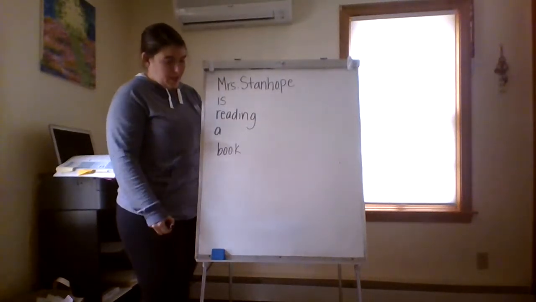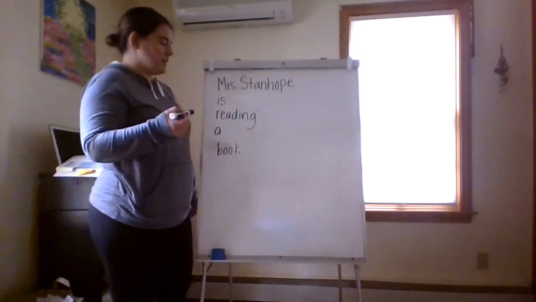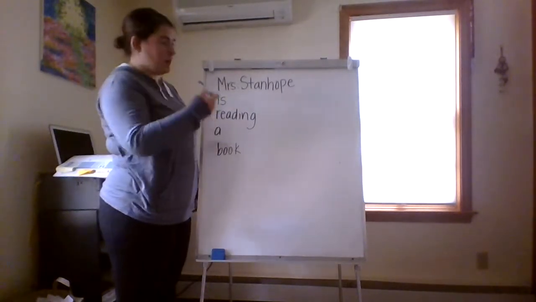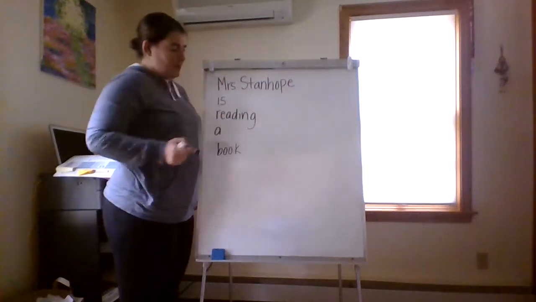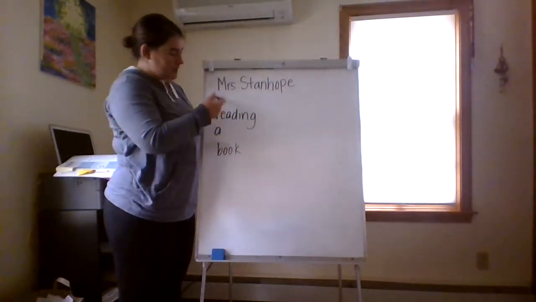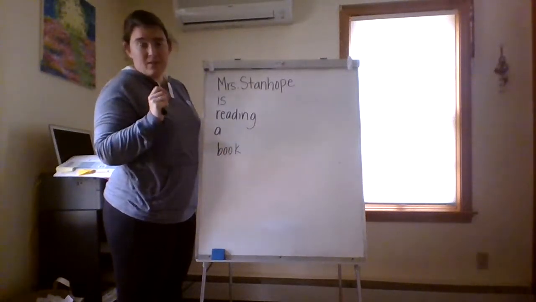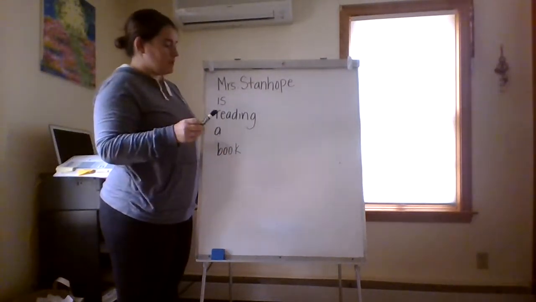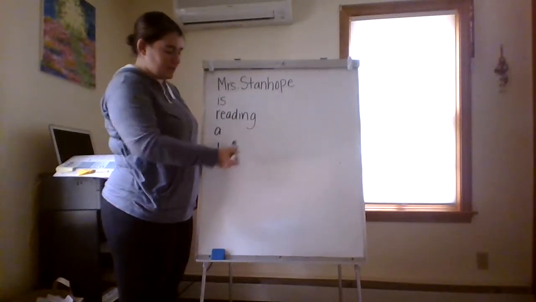All right, so what I notice about these words is that some are really long. Like my name, Mrs. Stanhope, is a really long name. But then there are other words like is and a that are really, really short words. A lot of words have a first letter and a last letter, right?